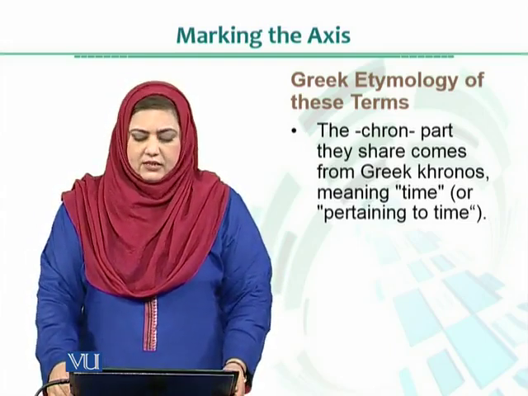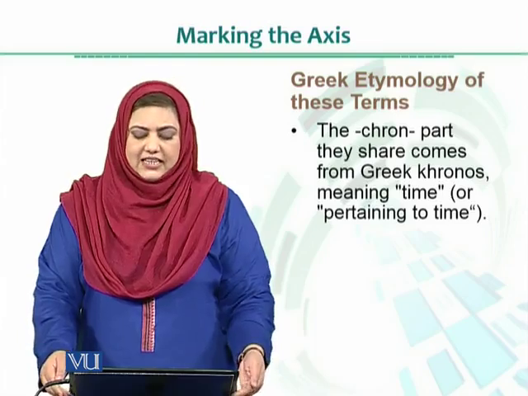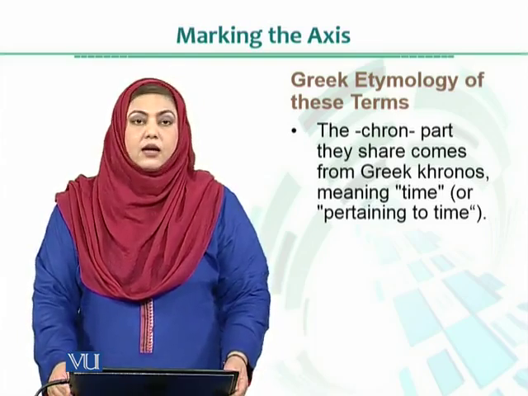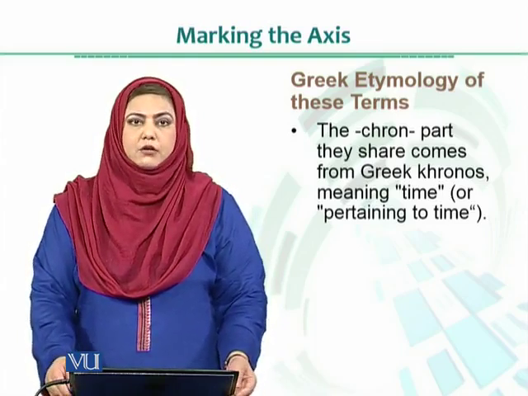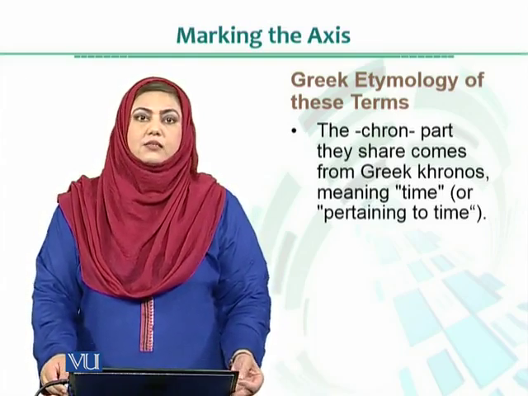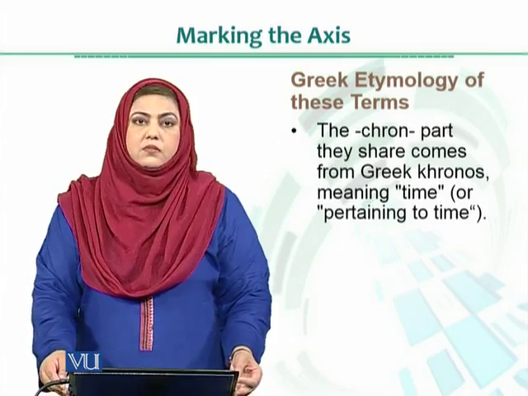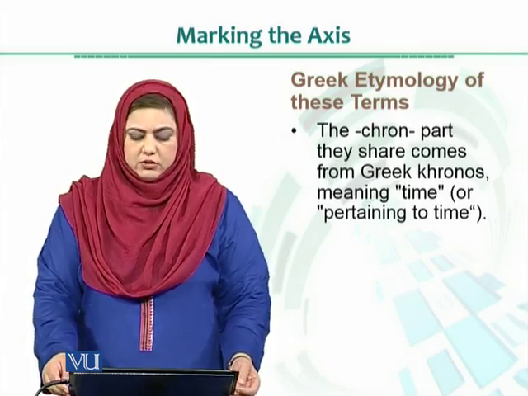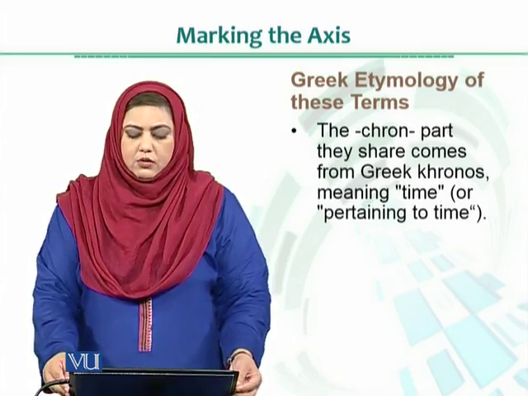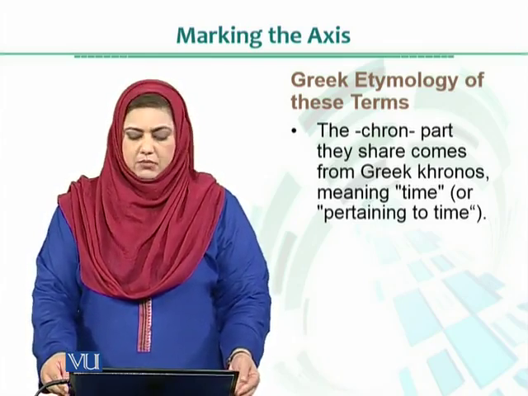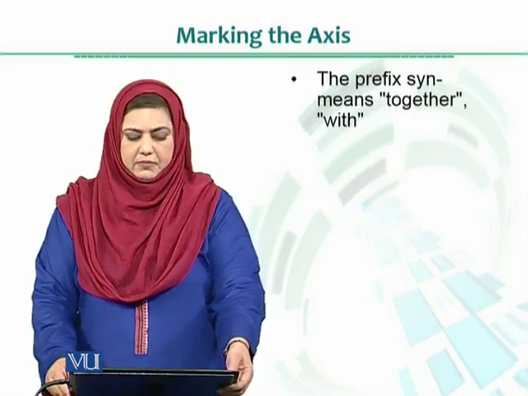Well, if we look at the Greek etymology of these terms, synchronic and diachronic, the chron part is shared in both terms, which comes from the Greek term chronos, meaning time or pertaining to time.